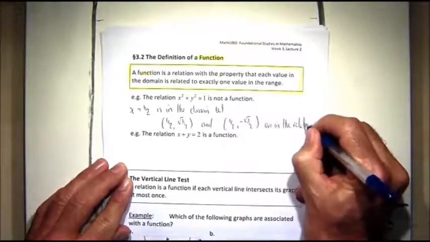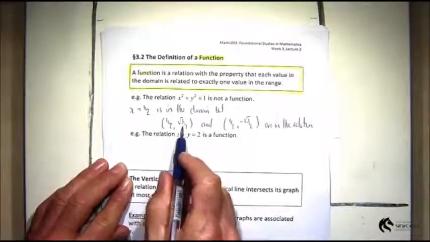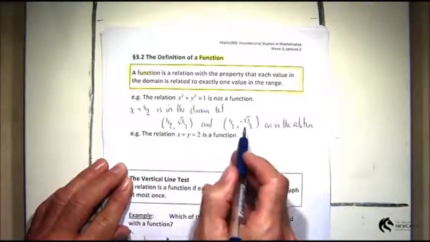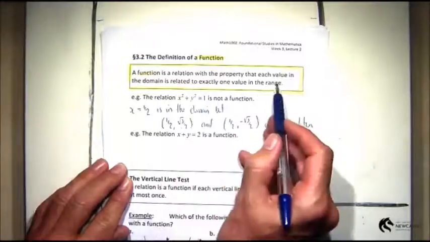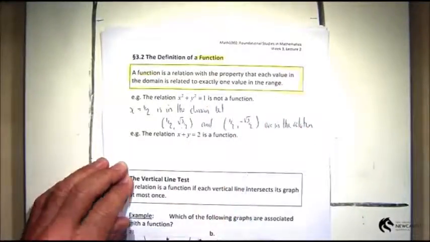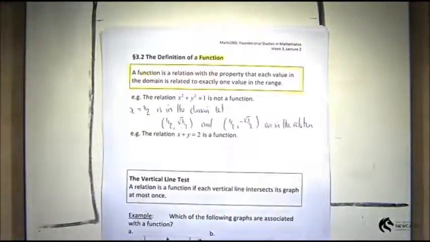So in that case, a half is related to root 3 on 2 and to minus root 3 on 2, and that's not what we want here. We only want one possible value for y.